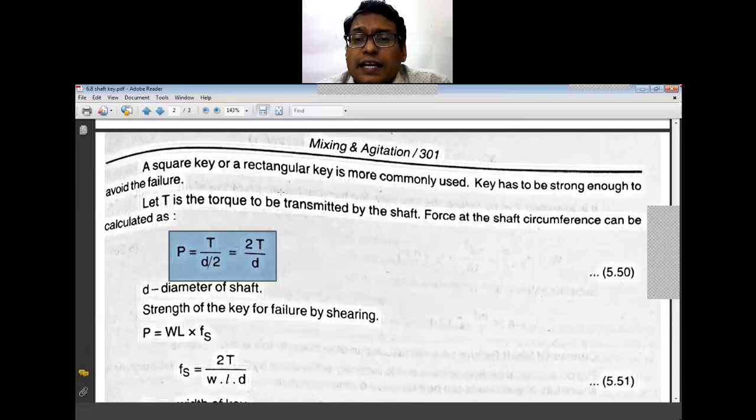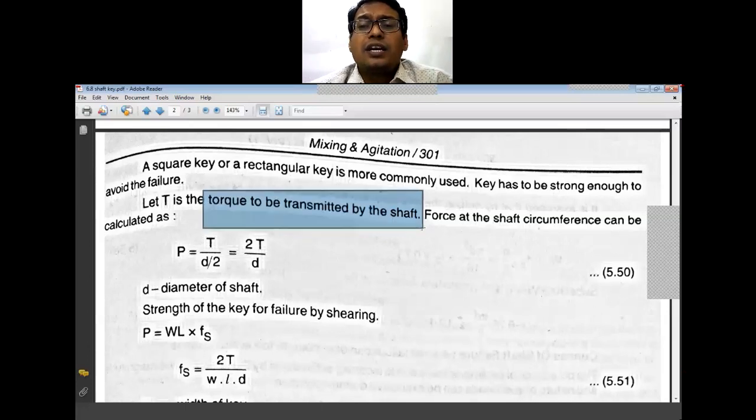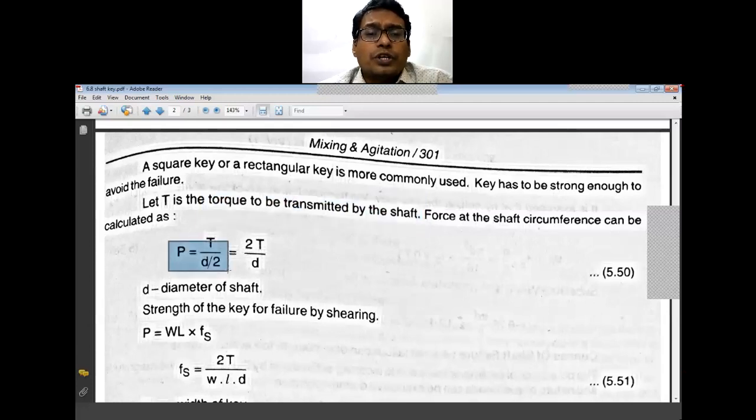This is transmitted by the shaft because of the electric motor which exerts the load on the shaft. That is why we call it the torque to be transmitted by the shaft. So this is the torque T, which is the load into D by 2. So P is equal to T into D by 2.